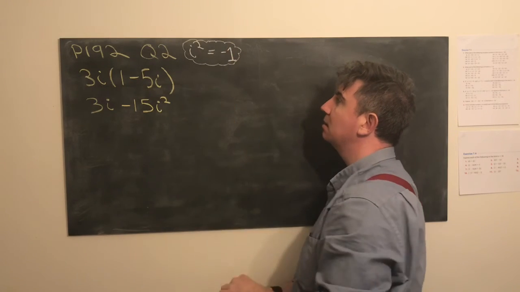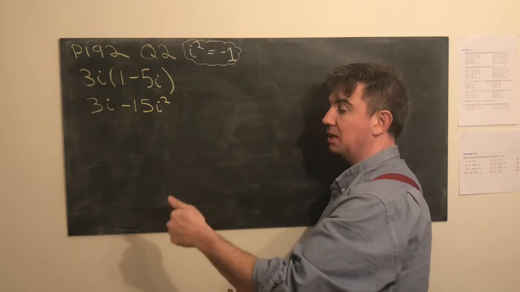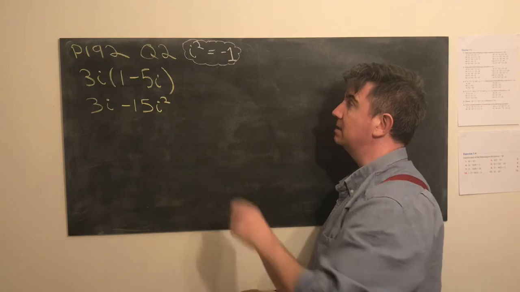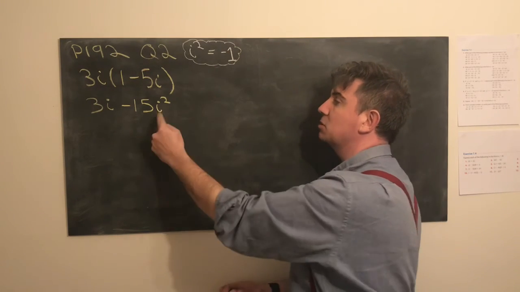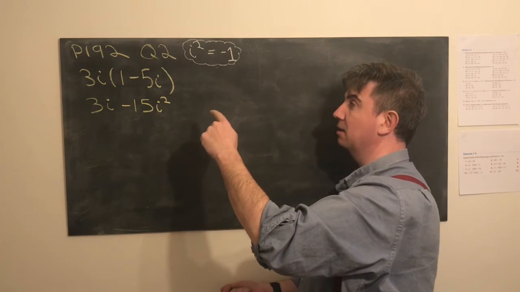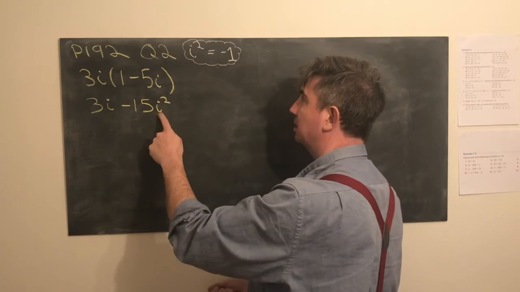That's a fact for this chapter. Okay, this is the truth. You need to know this, and wherever you see an i squared, you're going to turn it into a minus 1. You need to be like a complex number machine almost. So wherever you see an i squared, that gets turned into a minus 1.